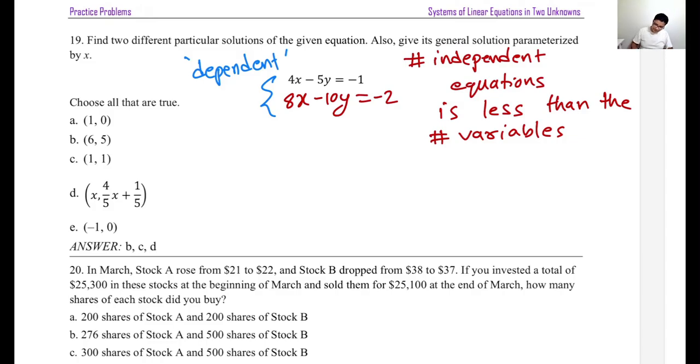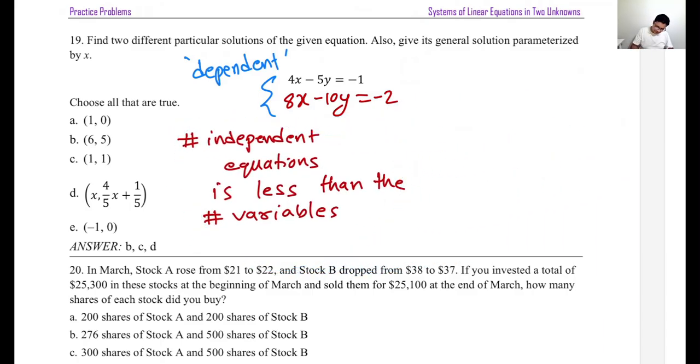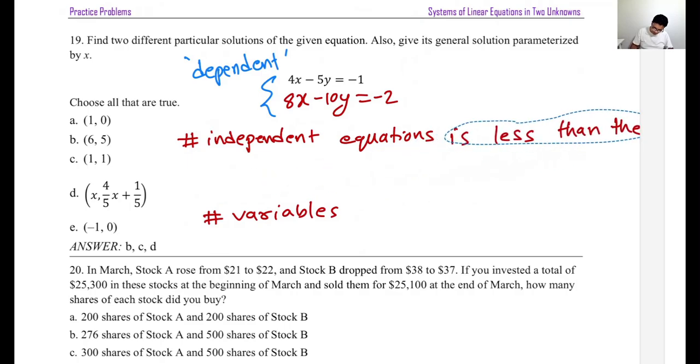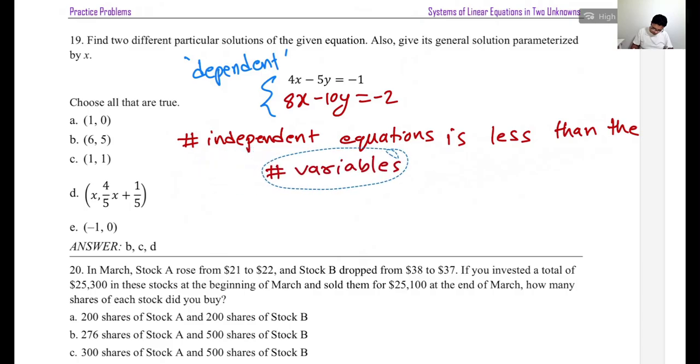Number of independent equations is less than the number of variables. I'll write here. And actually, let me try to make that into a proper sentence. Number of independent equations is less than the number of variables.